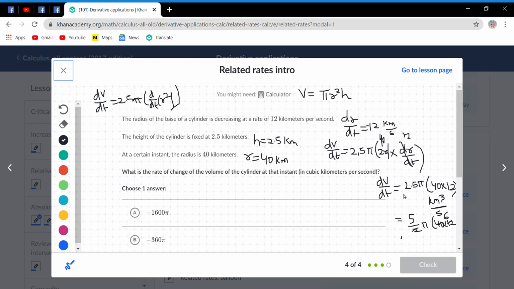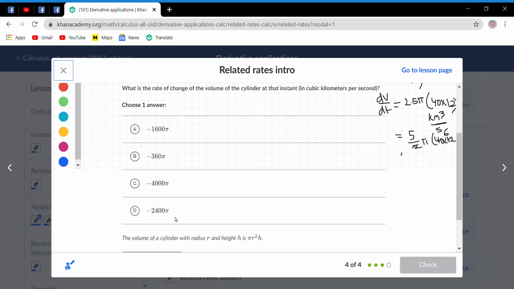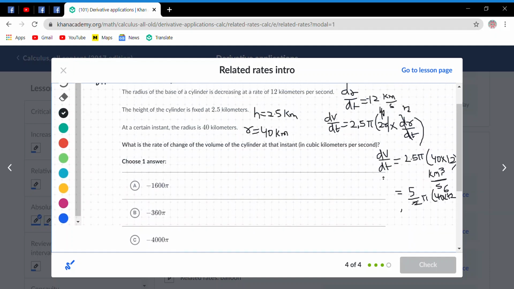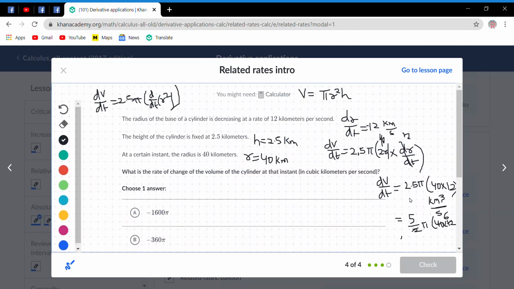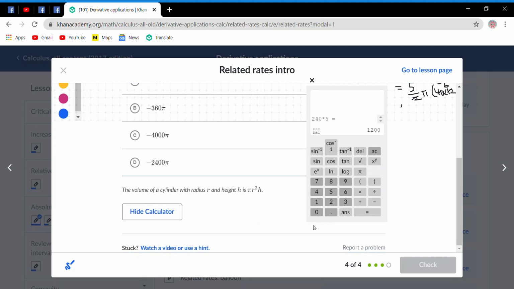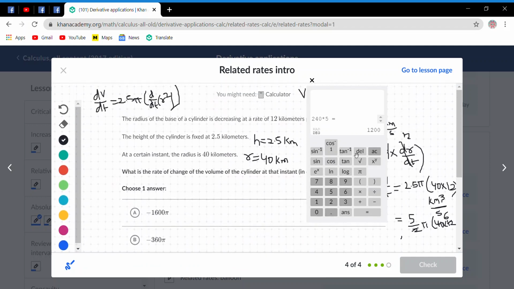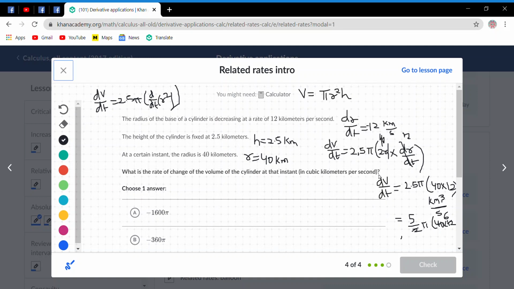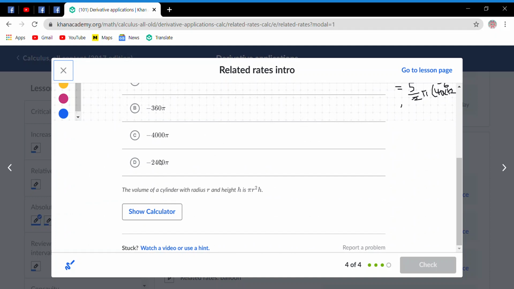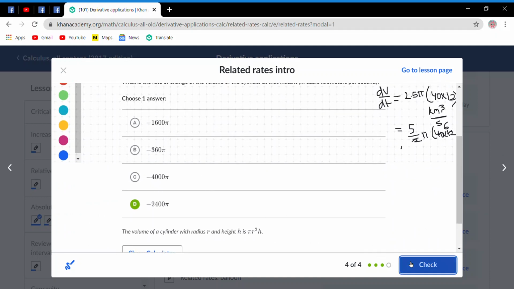This will be negative, so negative 1200, because the radius is decreasing. Let's check this answer. Correct.